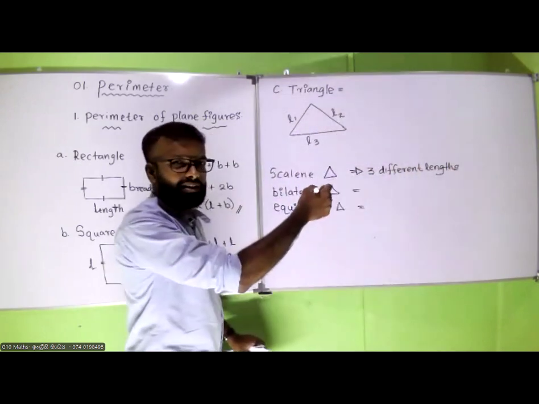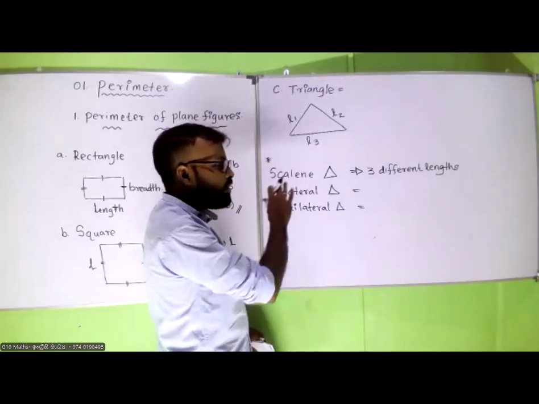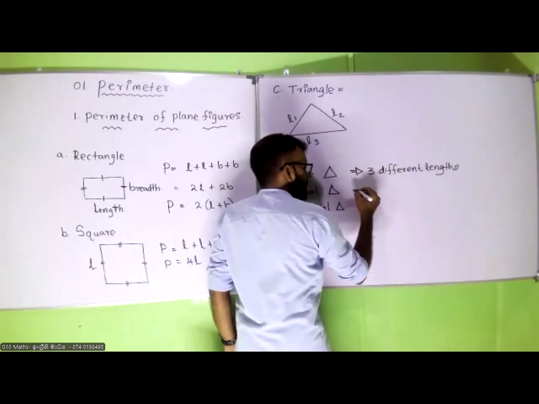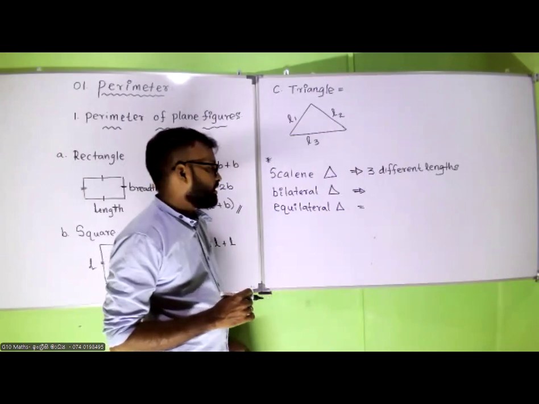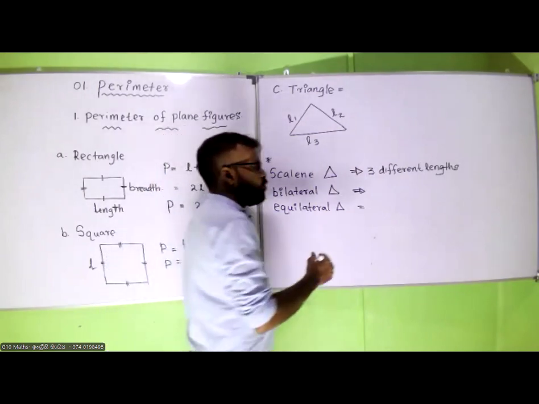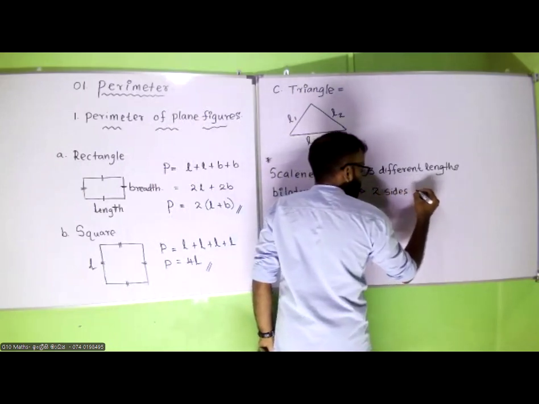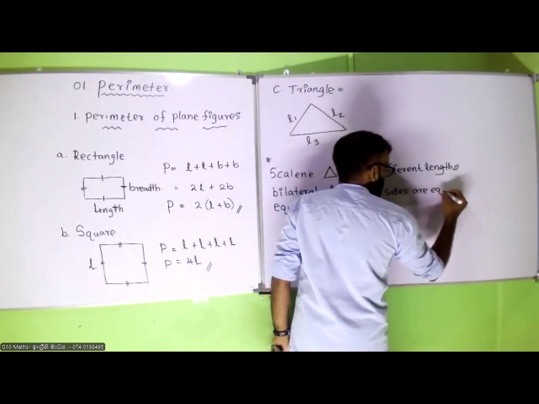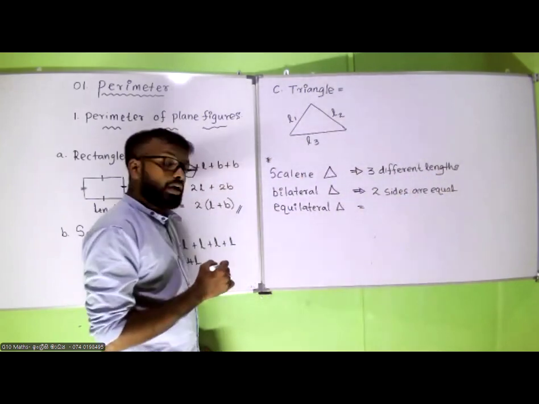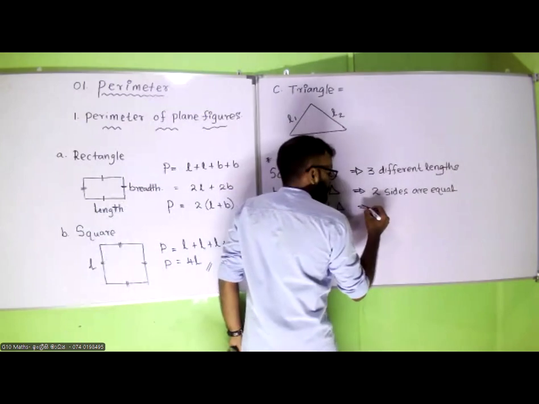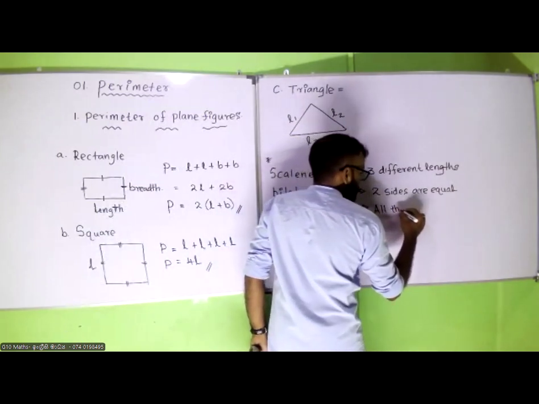These are extra things for your extra knowledge, not under this one, but you need to remember them. For isosceles, that is also the bilateral triangle, two sides are equal in length. Equilateral, all the sides are equal in length.